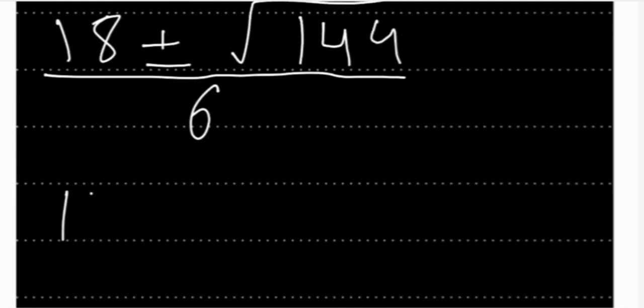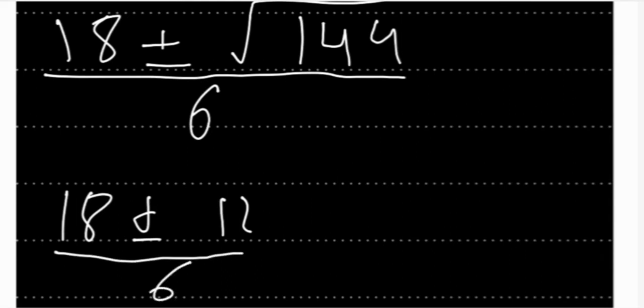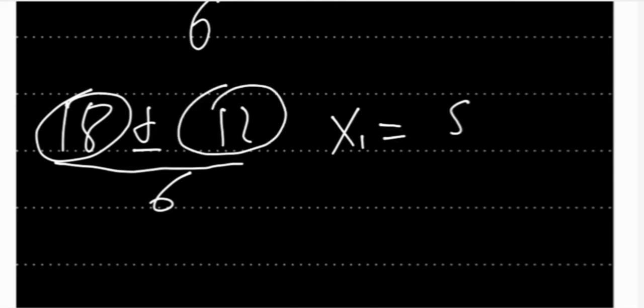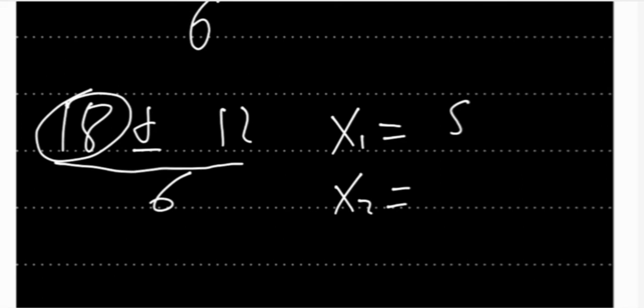Now 18 plus or minus 12 divided by 6. So now the answers that we can have: 18 plus 12 is 30, so one root is 30 divided by 6, which is 5, or 18 minus 12 divided by 6 is 1. So we have two solutions, right?